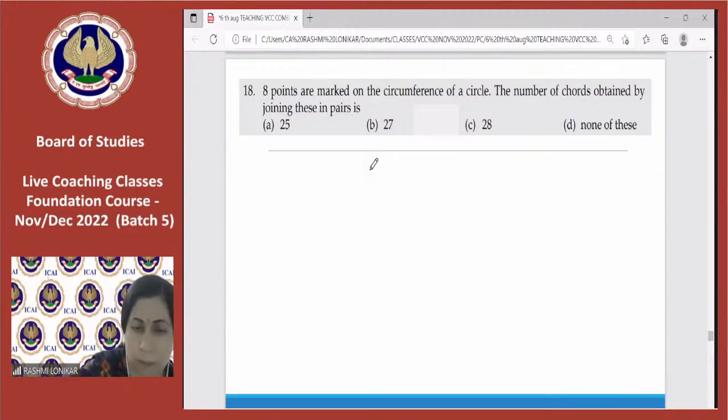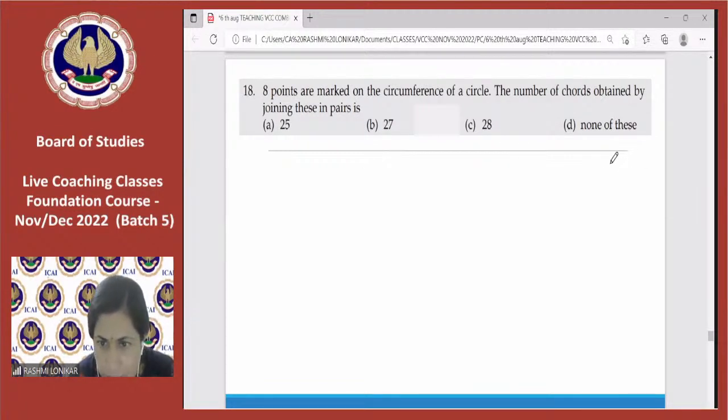Okay, 8 points are marked on the circumference of a circle. The number of chords obtained by joining these in pairs is given by. So I have a circle.